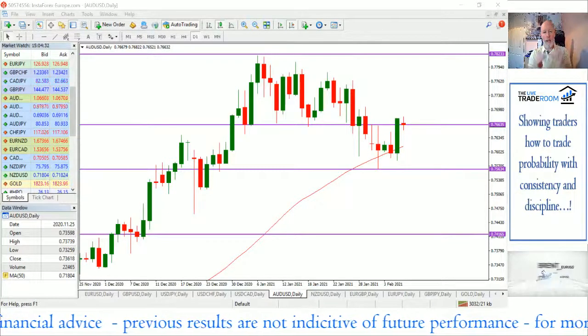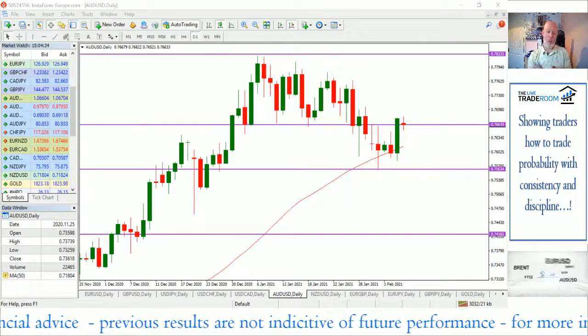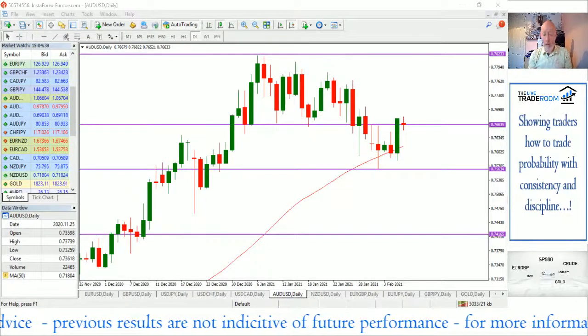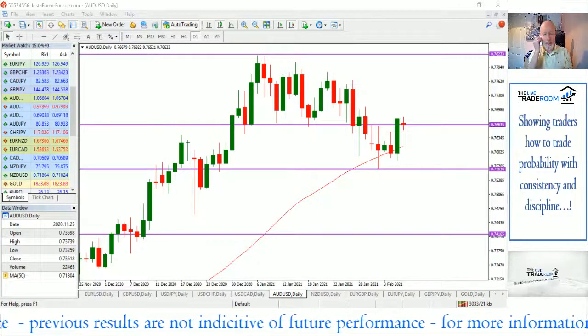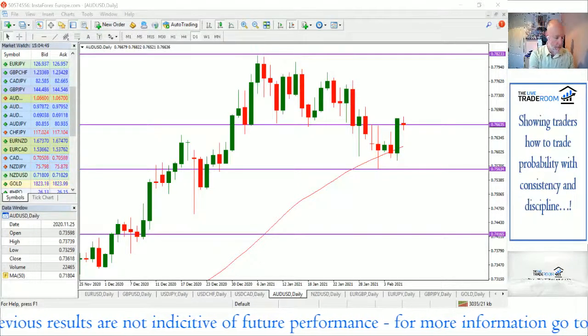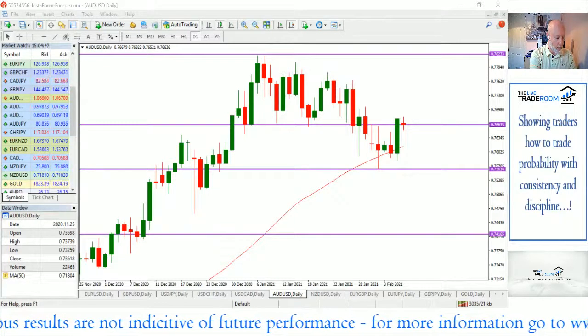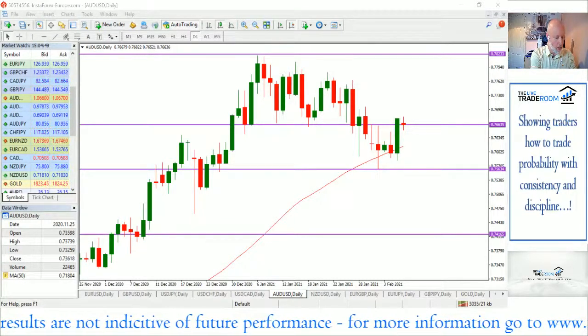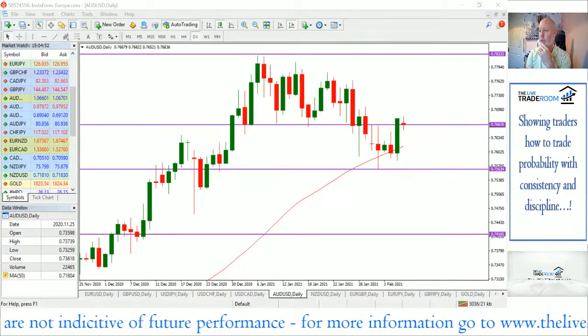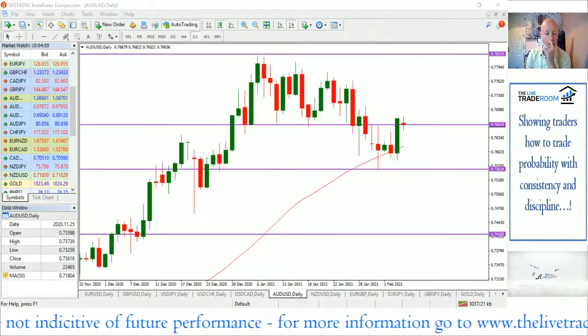If they correct and bounce back to levels of support and resistance and we can build a case for it, then absolutely fine. But if we can't build that case for that trade, then obviously we don't look to get into that trade. So that's what we've got.